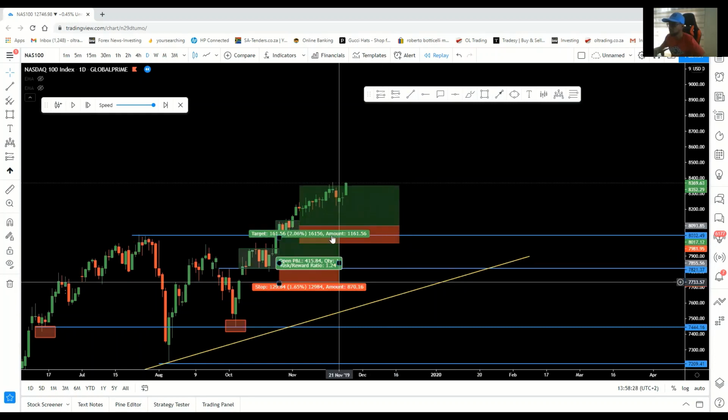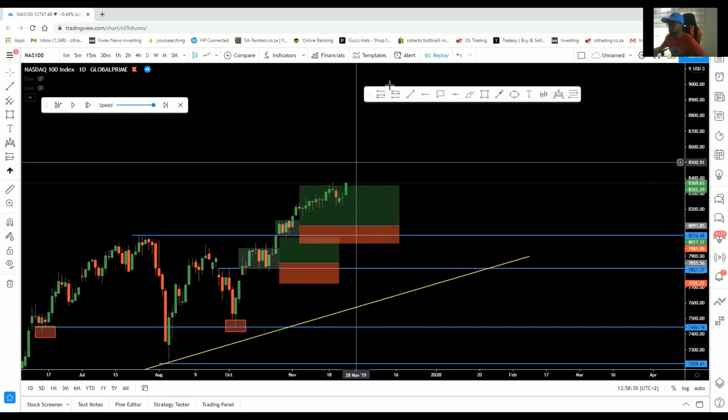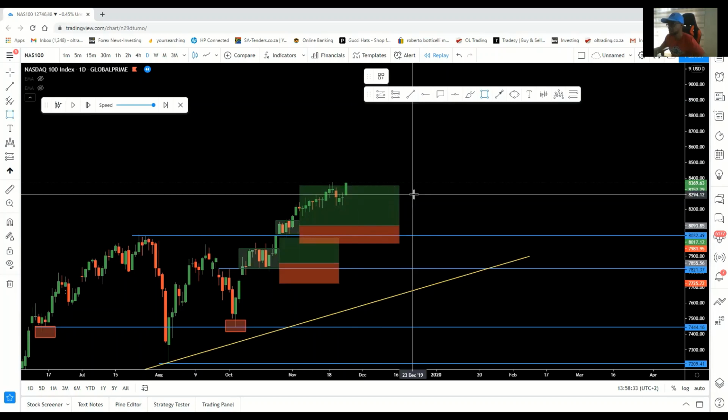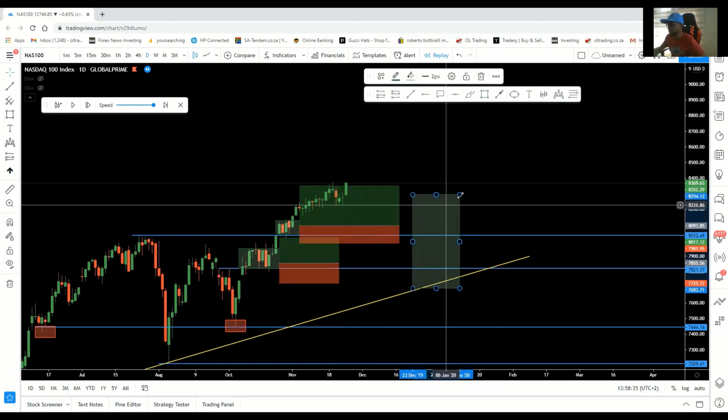You can see that whenever it moves further away, it tends to push a little bit higher, because you must understand this gap here.